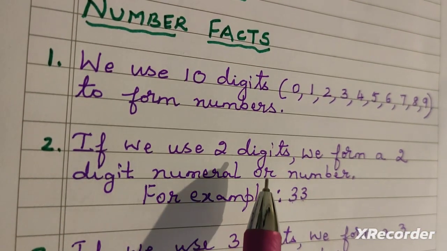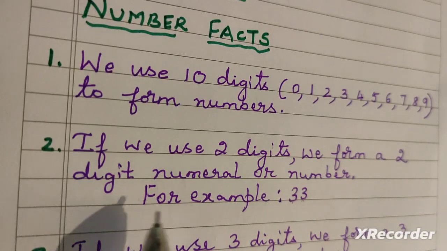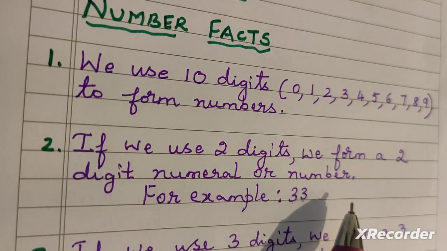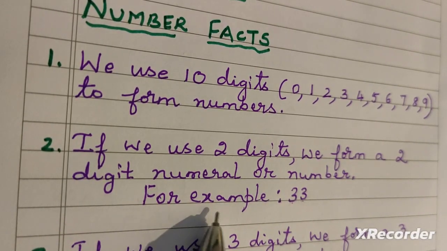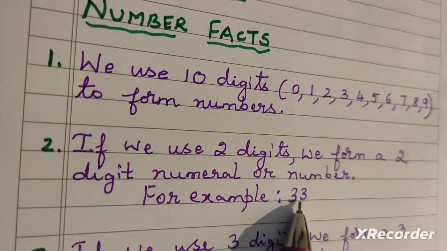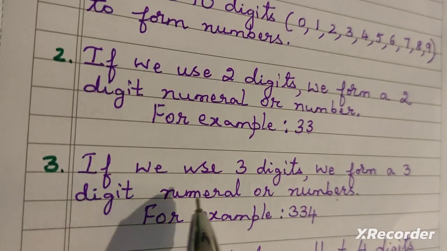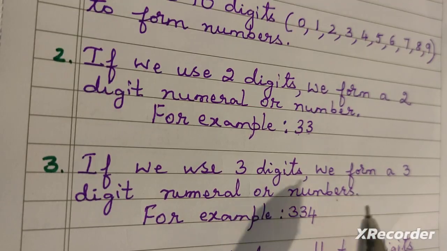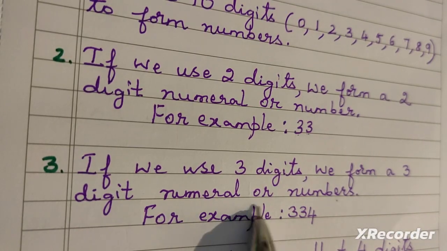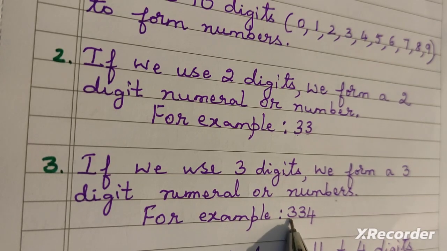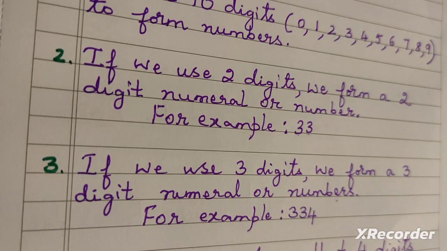If we use 2 digits, we form a 2-digit numeral or 2-digit number. For example, 33. How many digits are here? 2 digits. If we use 3 digits, we form a 3-digit numeral or numbers. Example, we have taken 334. So there are 3 digits here.